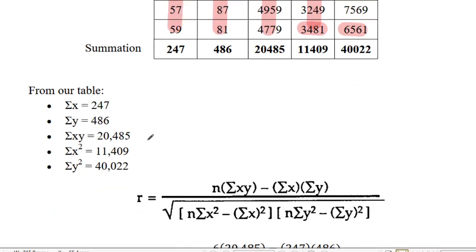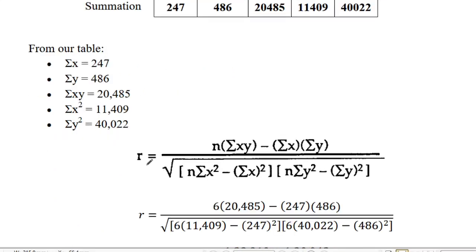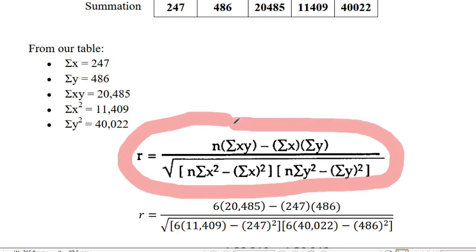So substitute these values in the formula to get correlation coefficient. R equal to, this is the correlation coefficient formula.